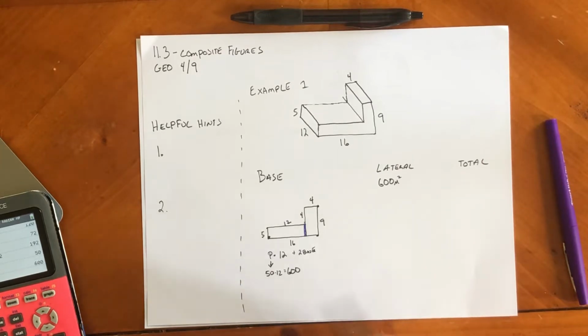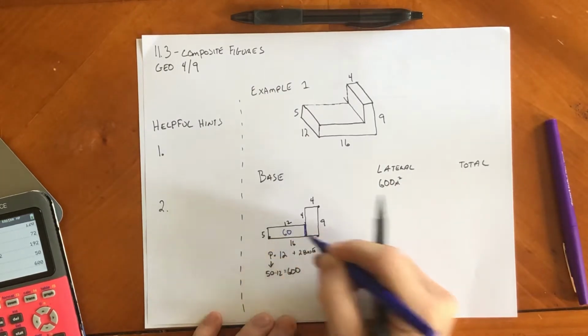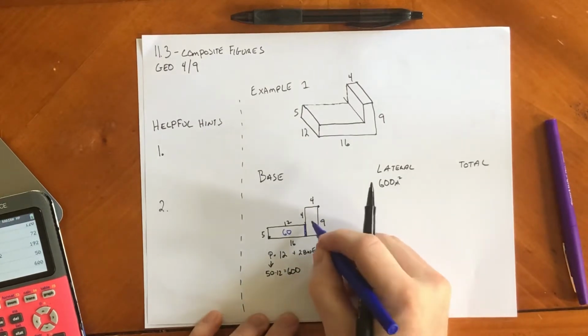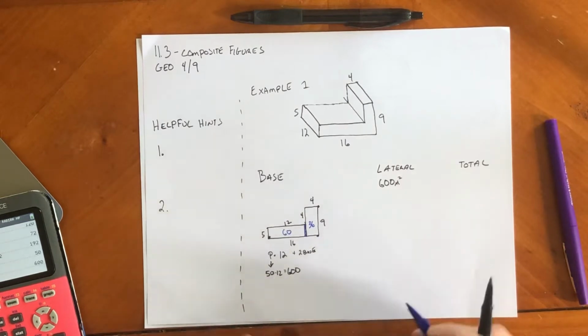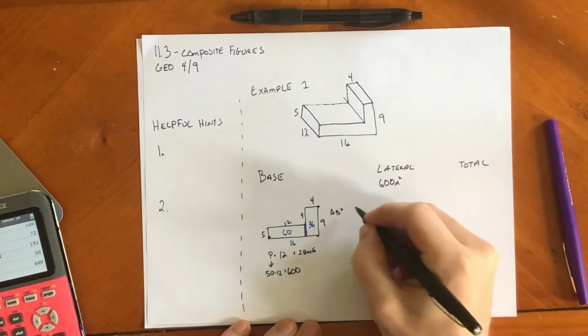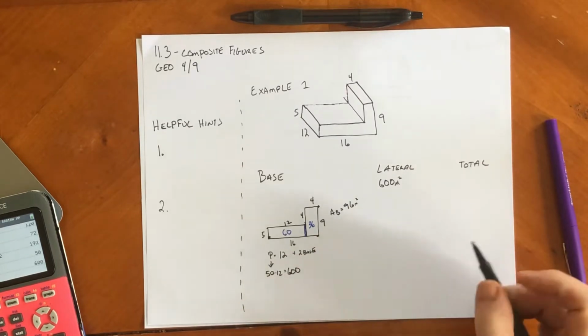This rectangle is going to be a 5 by 12 rectangle, so the area of this is going to be 5 times 12, or 60. And this one's going to be 4 times 9, so this one's going to be 36. So that means each base is 96, right? So the area of the base is going to be 96 meters squared.